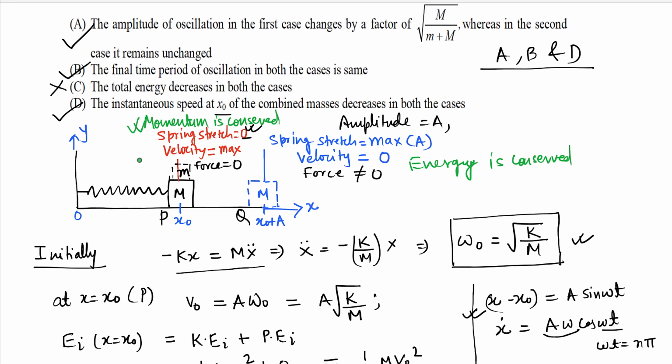Because force is 0. Why is energy conserved? Because kinetic energy is 0. The only energy is there because of the stretch, which is A, and that is not going to change. So the energy, which is half k A square, will remain constant even if you add another mass, and even if the velocity changes, because they will adjust so that the final energy remains same.